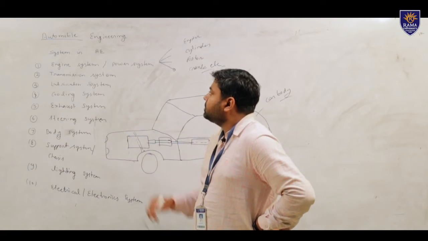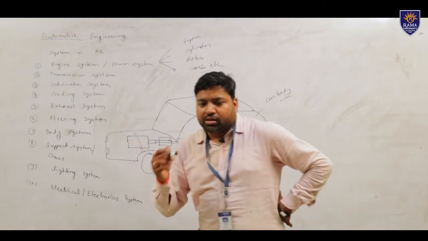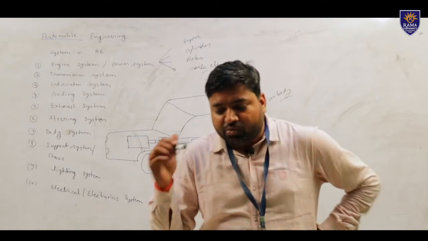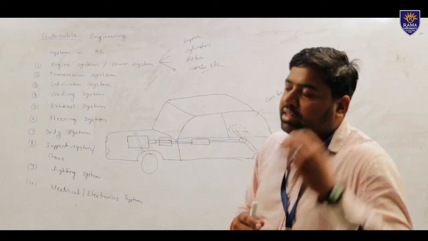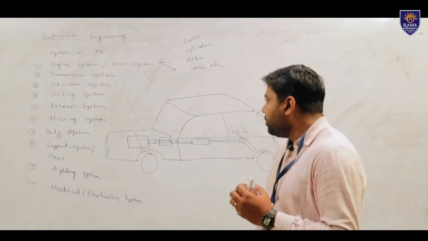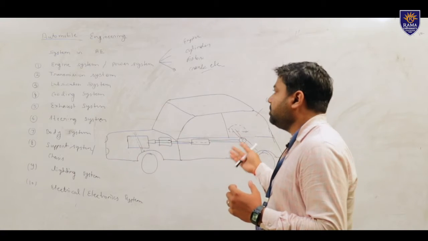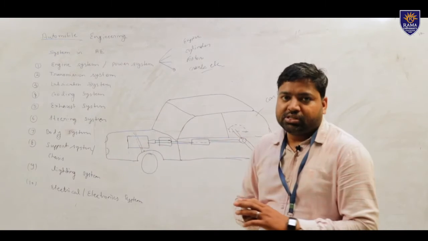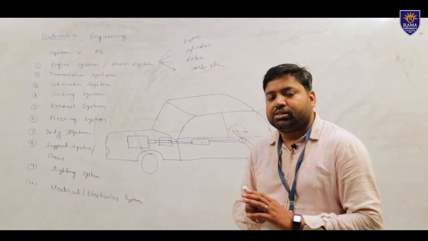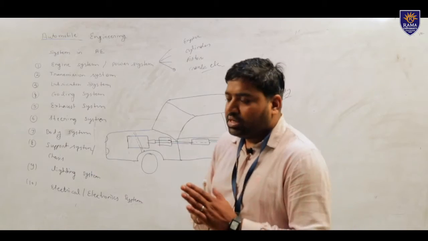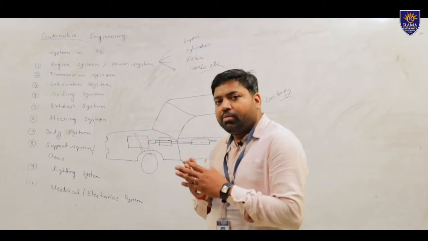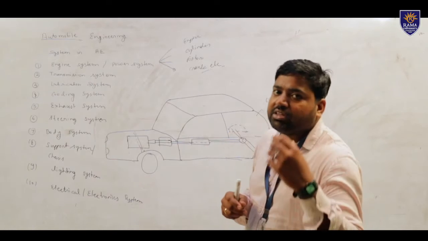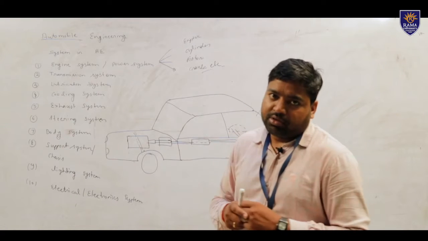After the engine system, the crankshaft is moved and the crankshaft rotation takes place, and that rotation will transfer to another system, which is known as the transmission system. In the transmission system, the first thing is the clutch. The clutch will be combined with the flywheel, which is part of the engine system.